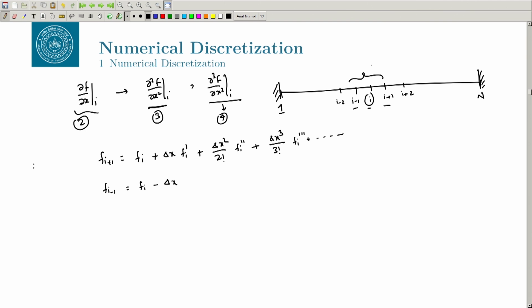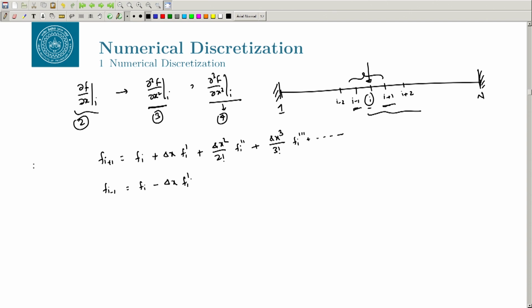Because we want to calculate the derivative at i. That is why we are writing all this, i plus 1 and i minus 1, around i. You might want to calculate the derivative at i plus 1, then you have to choose the points accordingly and write the Taylor series expansion around i plus 1. Any point you want to take, you have to write the expansion around that point.